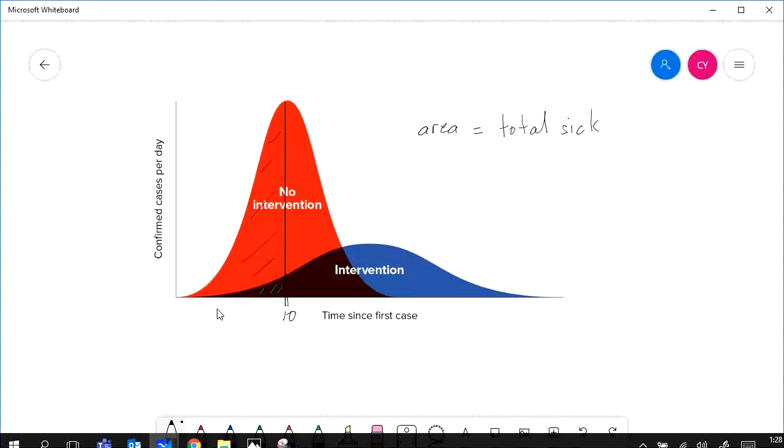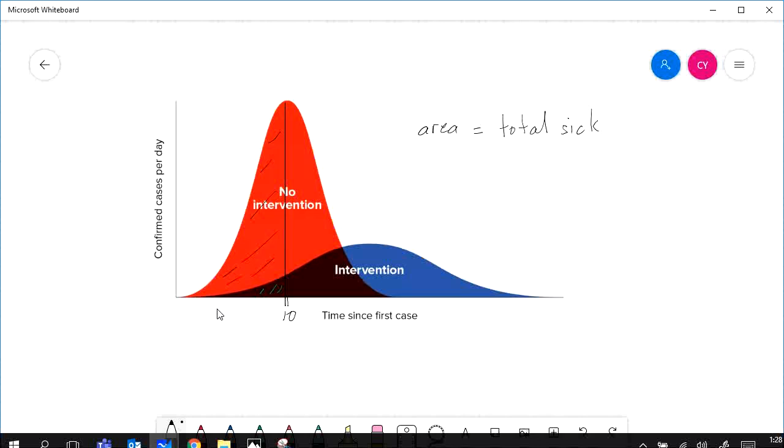So, with no intervention, if I'm planning the public health response to this virus, I'm looking at this red curve and saying the total number of people sick, the area of that red shape, calculated by using a Riemann sum, is enormous. However, if I look at the blue shape, this little bit in here by day 10, then that's quite small.